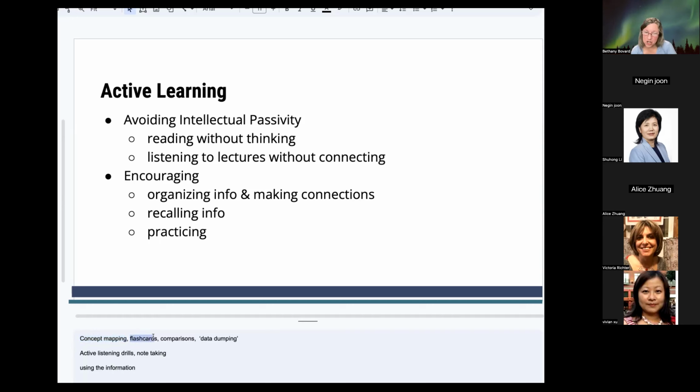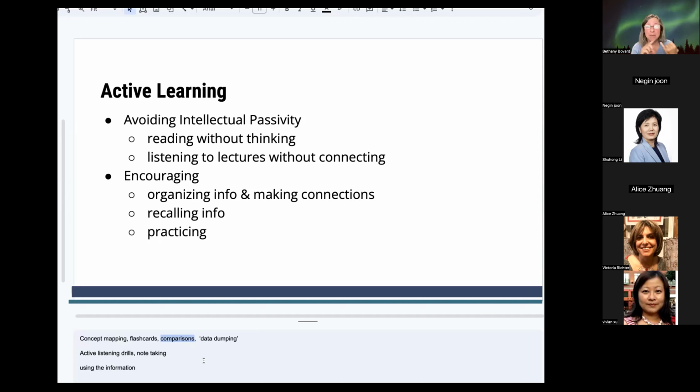Of course, flashcards are very useful for stimulating recall. Asking for comparisons is very active learning, wrestling with that content and trying to figure out where they are similar and where they are different. This is a super effective learning activity.